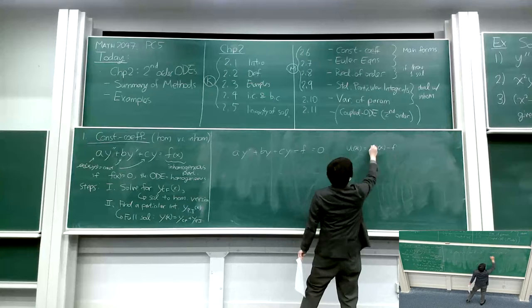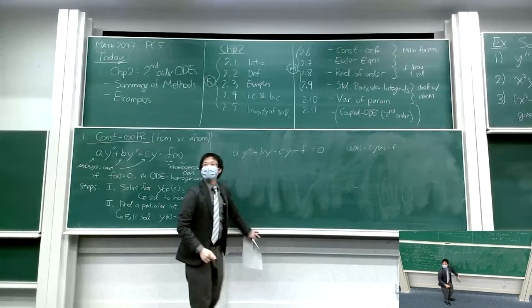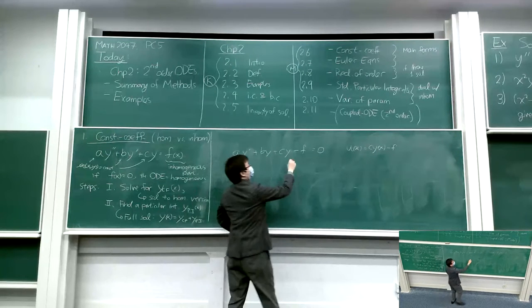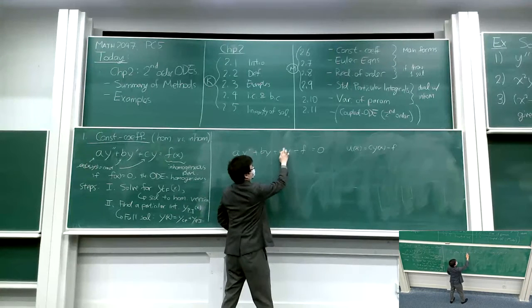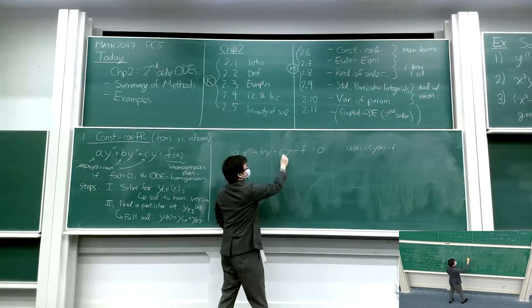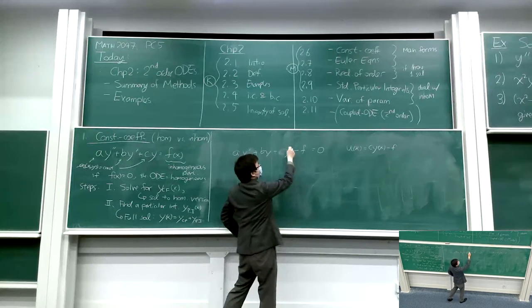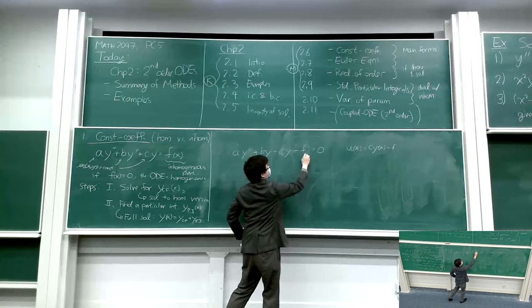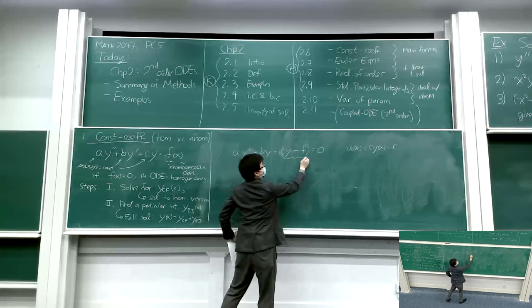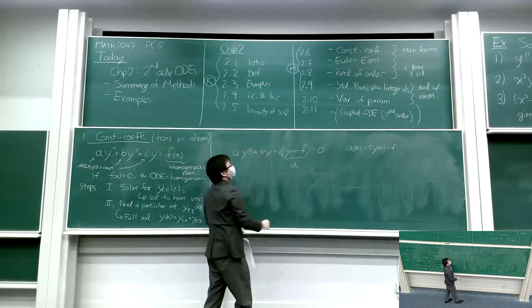There might be a C, whatever. Let's assume C is 1 for a moment. You can divide everything by C to make that 1. Now, if I put brackets around this, you can call this u.